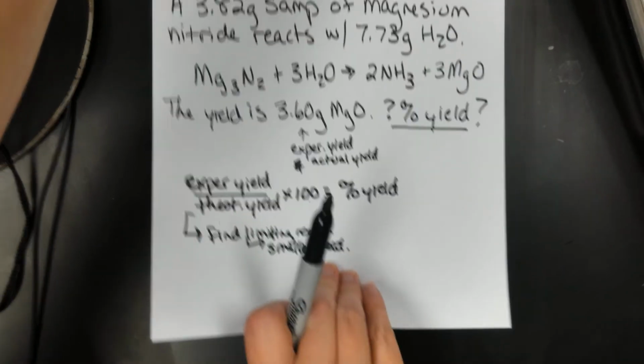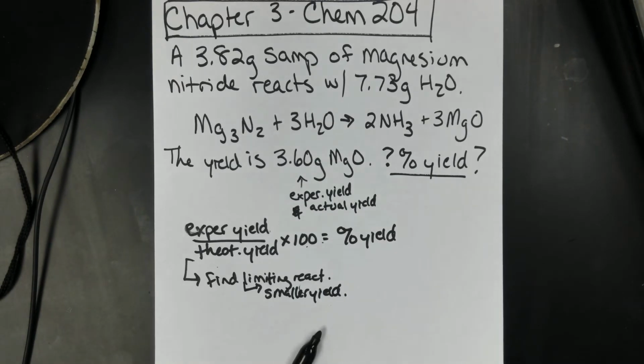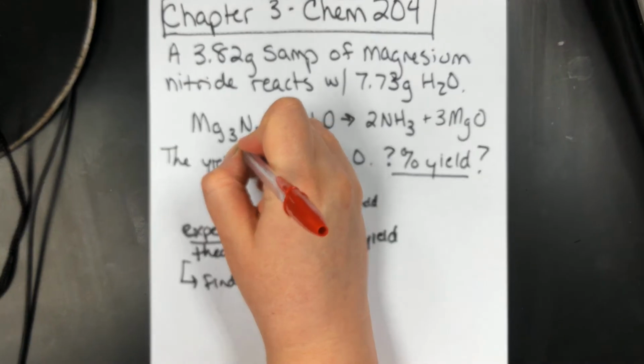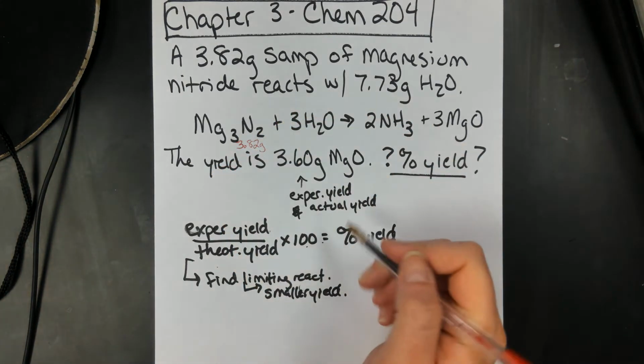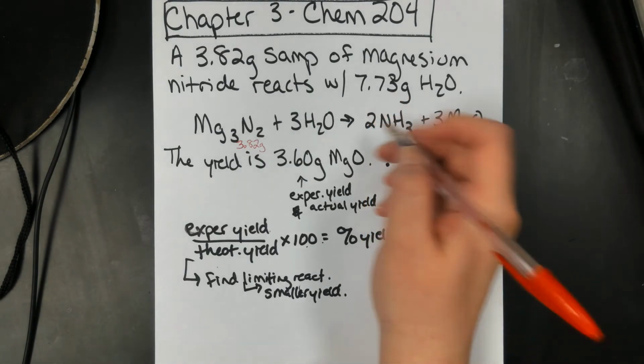I like to go the way that they do, and if you guys remember, I like to write the amounts underneath in the equation. So we have a 3.82 gram sample of this, and we have 7.73 grams of this.